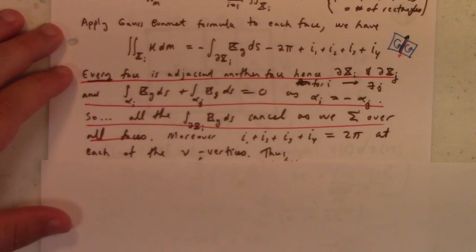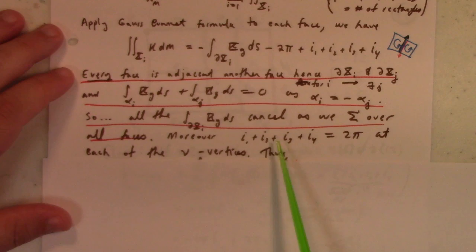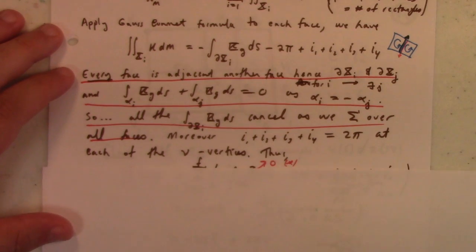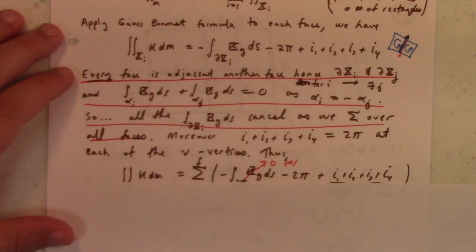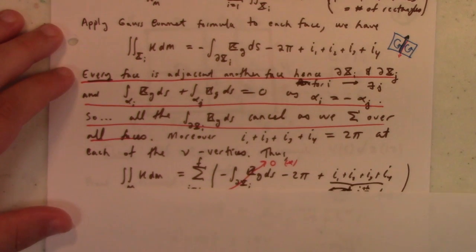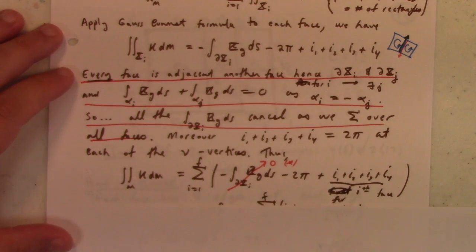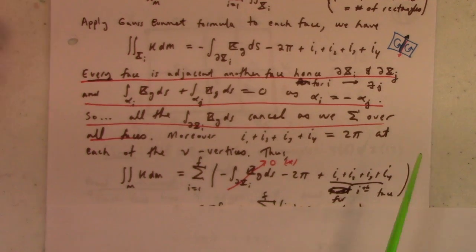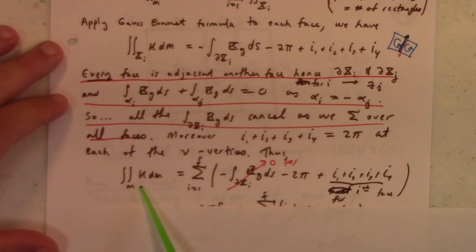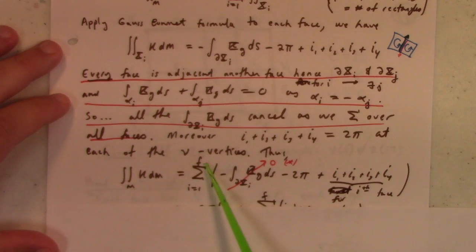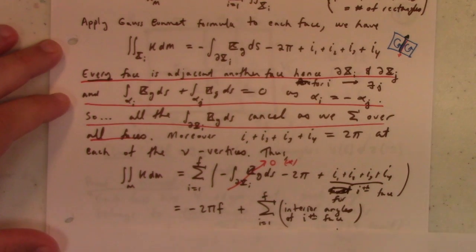Moreover, the sum of the interior angles is 2 pi at each of the vertices, which makes sense if you think about it. Thus, by applying the Gauss Bonnet formula, we have the total Gaussian curvature is the sum over the number of faces of minus 2 pi plus the sum of the interior angles.